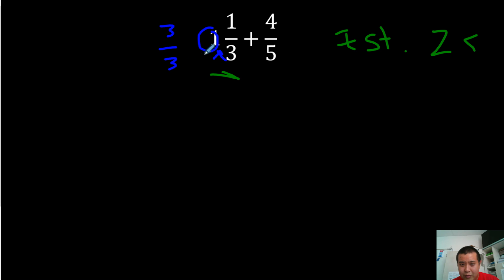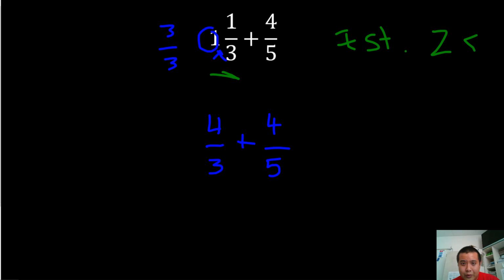So we have 3 groups of 3, which we get from 1 times 3. So 1 times 3 gets us this 3 right here, and we add that to the 1 to get overall 4/3. Remember, when we're adding fractions, we do not add the denominators. We just keep the denominators the same. So we get 4/3 plus 4/5.